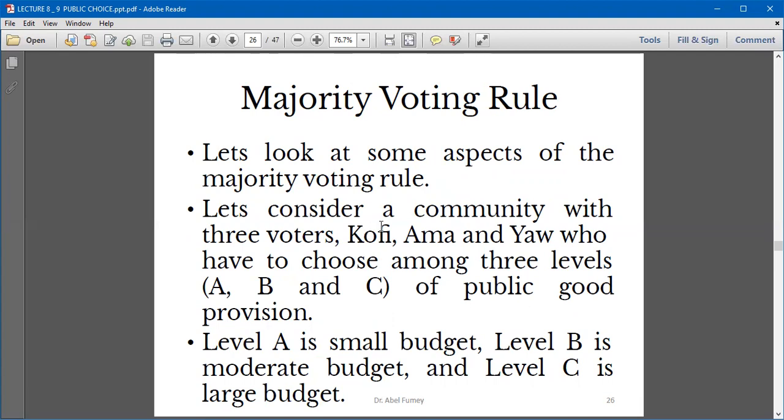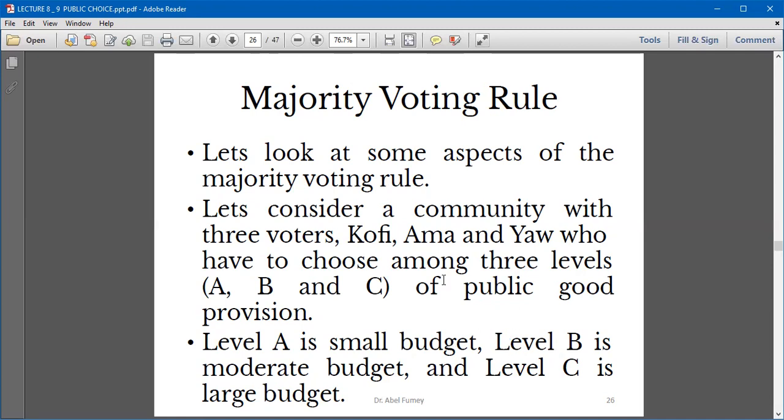Now we consider a community where we have three voters: Kofi, Ama, and Yao. The options or policies they need to choose from are policies A, B, and C. Policy A requires only a small budget, just a small amount of money. Policy B is for a moderate budget, a moderate amount of money.